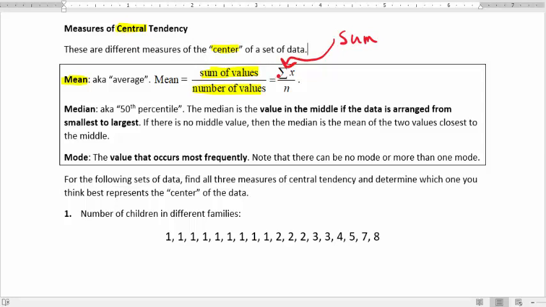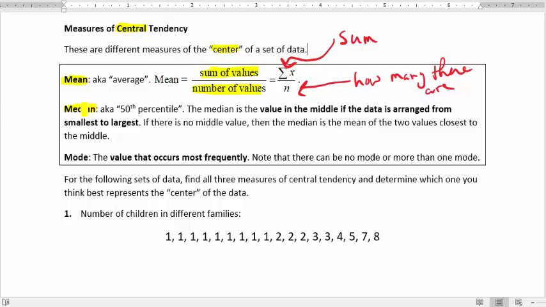So you would read this as sigma x, which means the sum of the x's, divided by n, which is how many there are. However many x's there were, you divide by that number. So you add up all the data, sum of the data divided by how many there were. So that's the mean or the average, which I think most of you probably have seen.